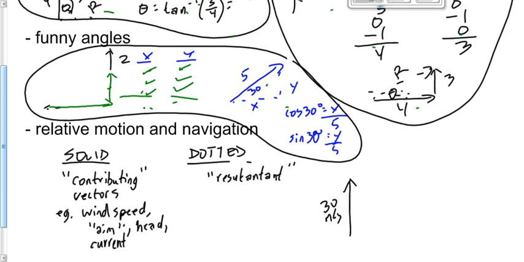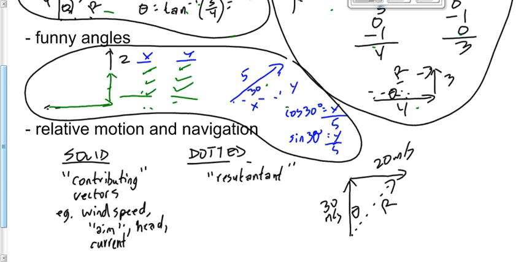If there's a wind to the east at 20 meters per second, that's a solid line vector. Where I go, the resultant, is a dotted line vector. I end up going somewhere north and east there. And once again, I can find that by using the Pythagorean theorem and the inverse tan function.